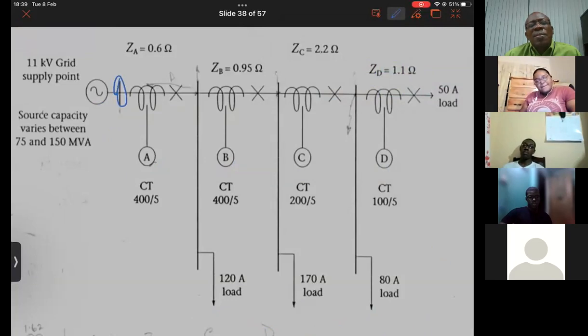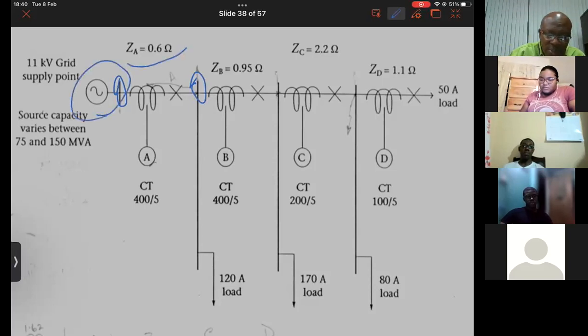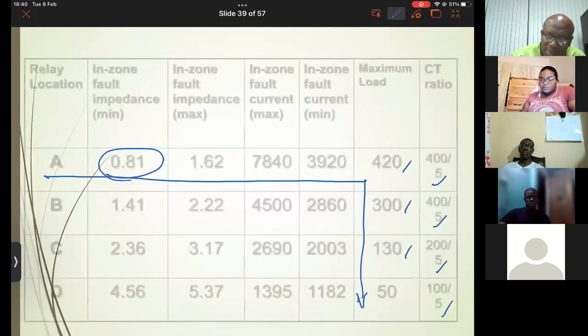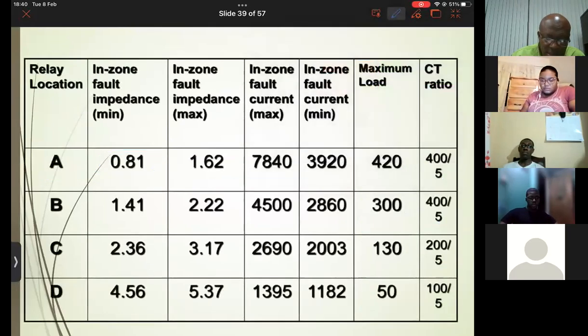Are you with me? So if I now go to relay B, it is on this bus bar. The impedance immediately in front of relay B must be the source plus the line. And so we go to our table, and we are getting 0.81 plus 0.6, which gives us 1.41.